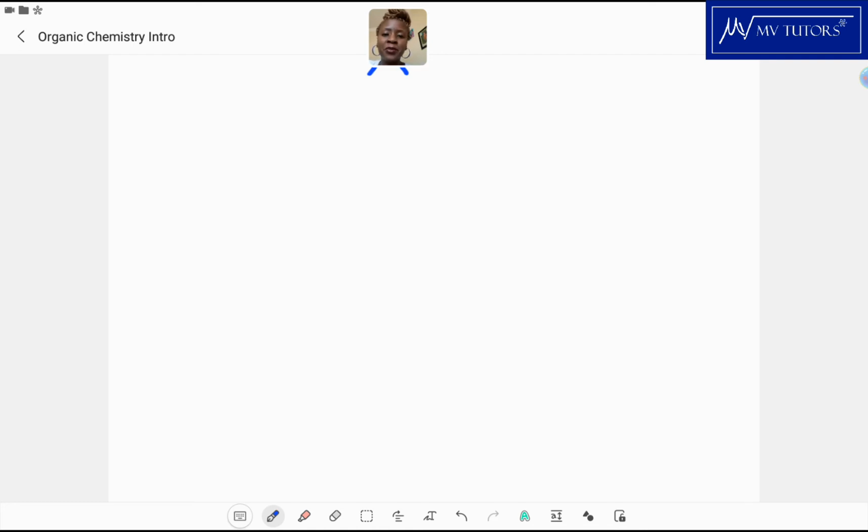Just like on the periodic table, where we have certain trends: if you go from left to right, the ionization energy increases. If you go from the bottom to the top, again, the ionization energy increases. If you go from the top to the bottom, the atomic radius increases, and from left to right, the atomic radius decreases.